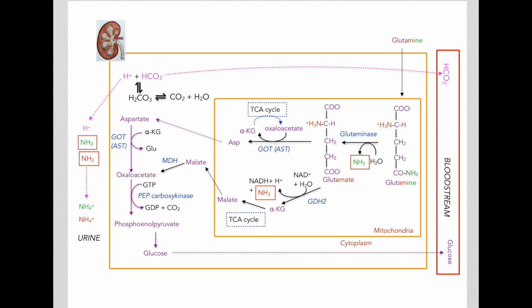Carbon dioxide reacts with water to form carbonic acid, which is broken down into protons and bicarbonate. Through this reaction, the kidneys can also secrete acid. This acid will combine with ammonia to form ammonium, which can be excreted out into the urine as ammonium salts.